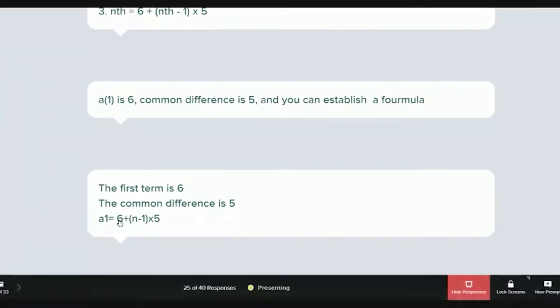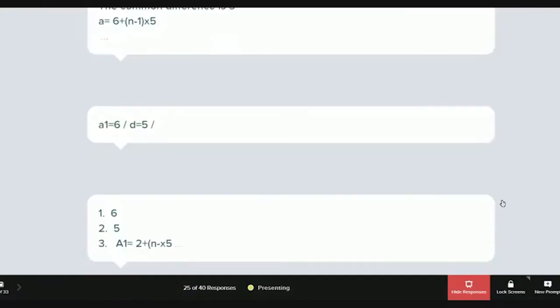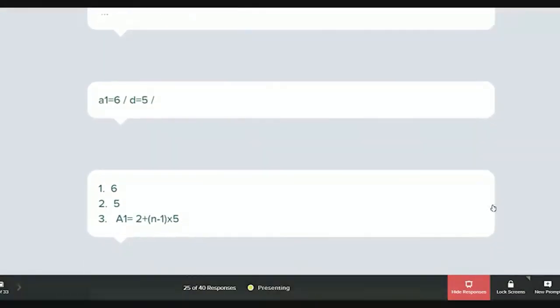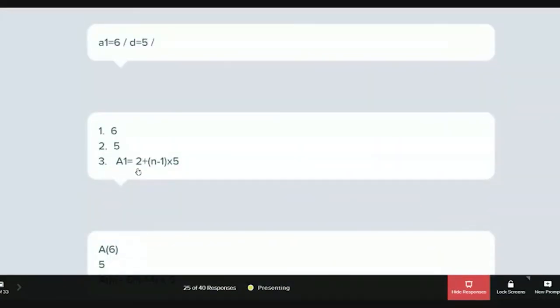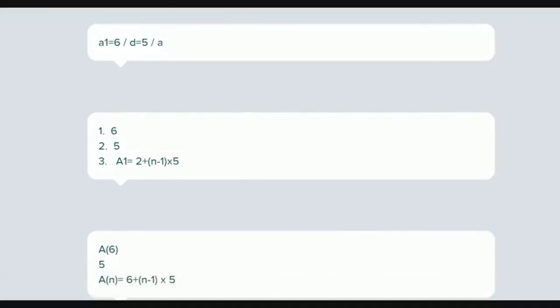Yes, it's the nth term, so it should be an equals 6 plus n minus 1 times... Okay, this one, why do you have a 2 plus? We don't have a 2. Remember, your first term is 6, right?